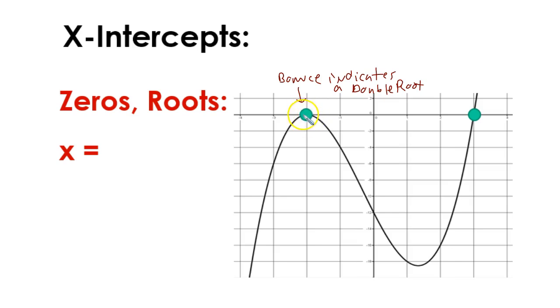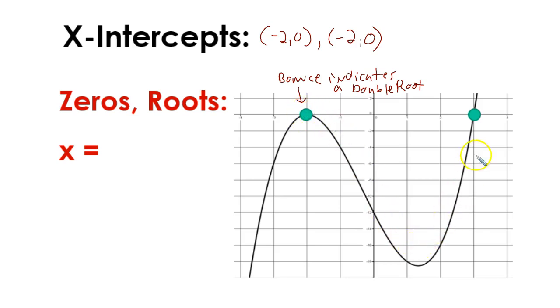Kind of a weird thing, I know. So when we list the x-intercepts, even though this is only one x-intercept at (-2, 0), I want you to go ahead and list it twice, anytime it bounces off the x-axis, and realize that that's going to be a double root, that it's a solution algebraically 2 times.